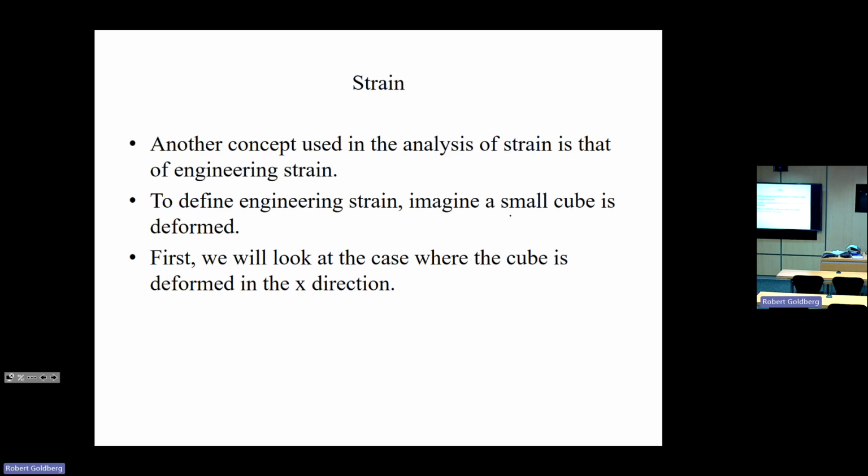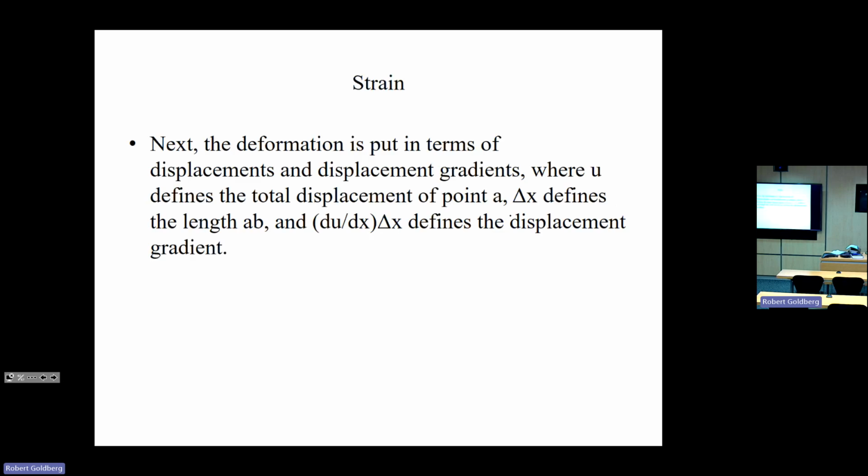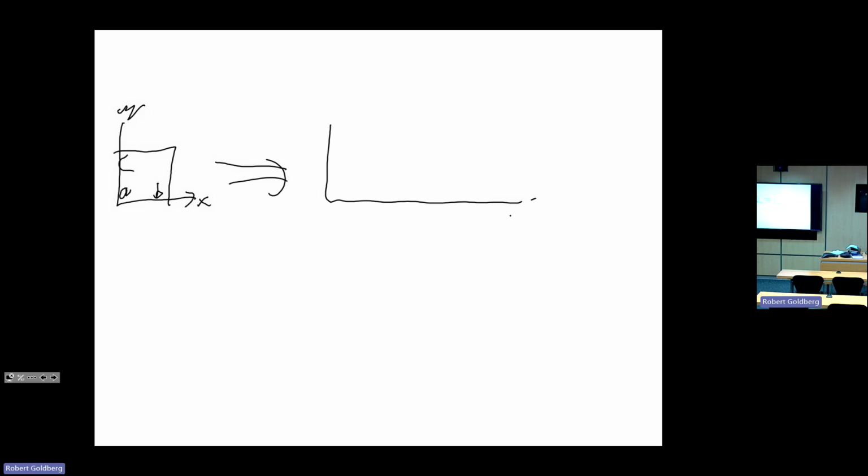We'll imagine a small cube is deformed, and first we'll look at the case where the cube is deformed in the x direction. So we put our axes here, x-axis, y-axis, and we have our little cube here, and its corners are A and B and C, and we apply some force.